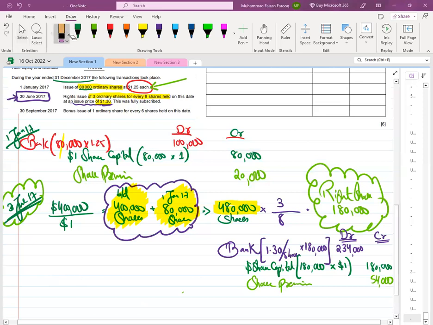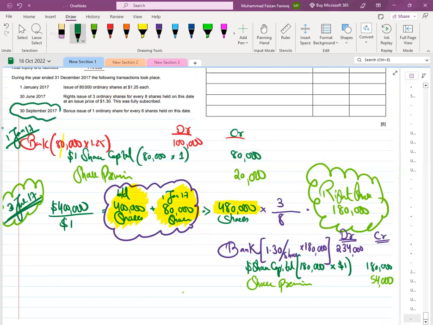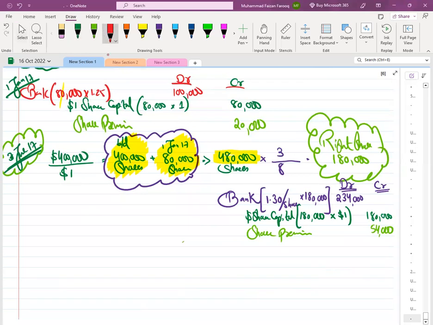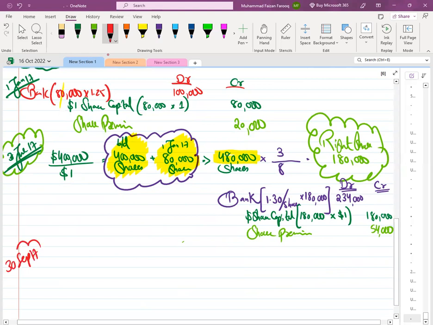Very carefully look at it. The last transaction is on which date? On the 30th September 2017. Very carefully, 30th September, which means we have to consider all the previous transactions as well.